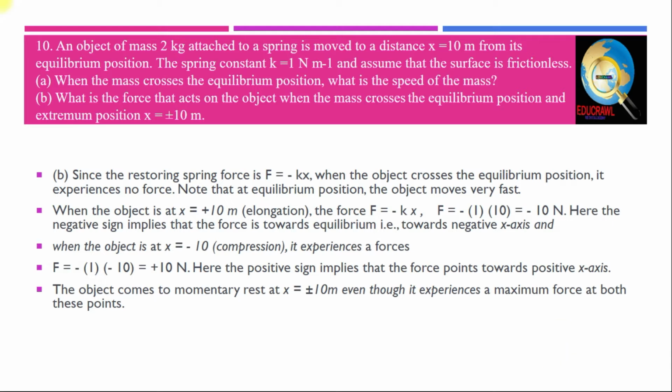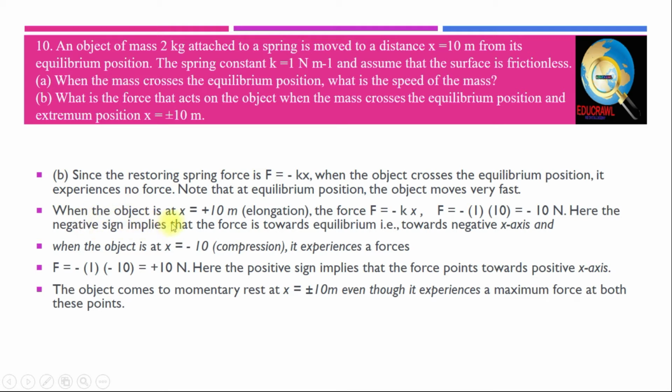So that is the restoring force. Here the restoring spring force has the formula F is equal to minus kx. Since x is equal to 0 at the equilibrium position, it doesn't experience any force.